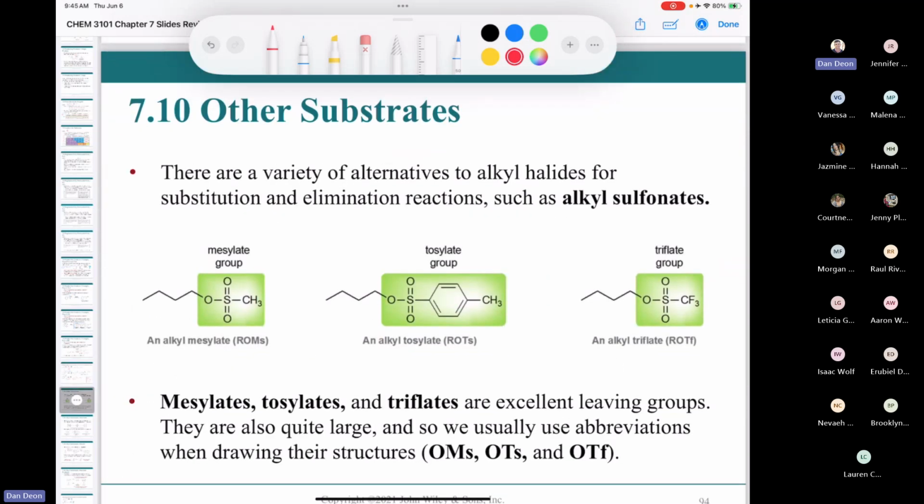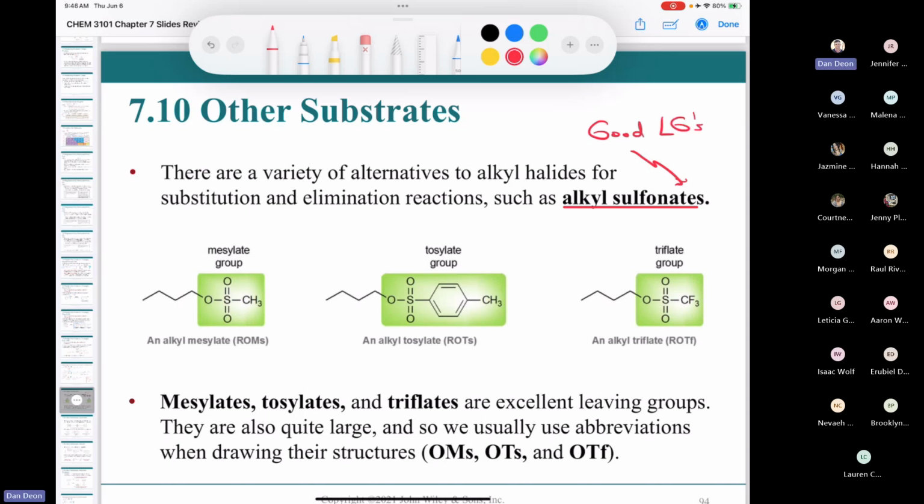It says here, there are a wide variety of alternatives to alkyl halides for substitution and elimination. So really all we're talking about here is some new leaving groups. It turns out that alkyl sulfonates are all good leaving groups.